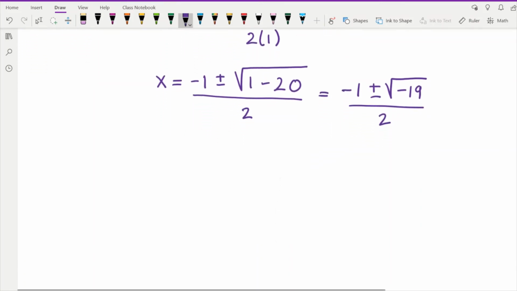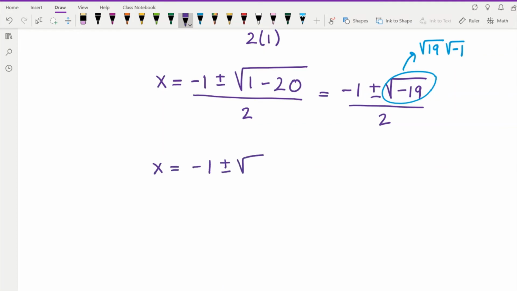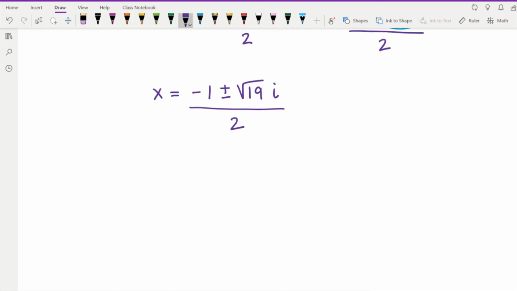And so this one can't be simplified as much as the other one. The square root of -19 can be written as the square root of 19 times the square root of -1. And so that's just going to be square root of 19 i. This one can't be simplified as much because there's no factor of 2 that we can pull out from the numerator. So what are going to be our two zeros?